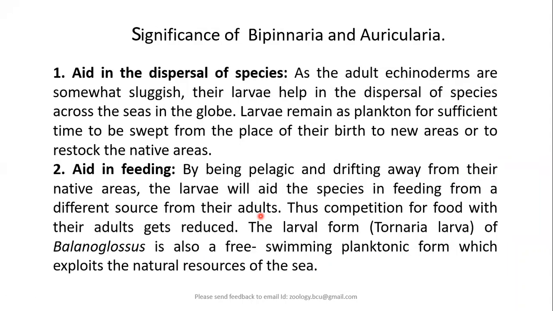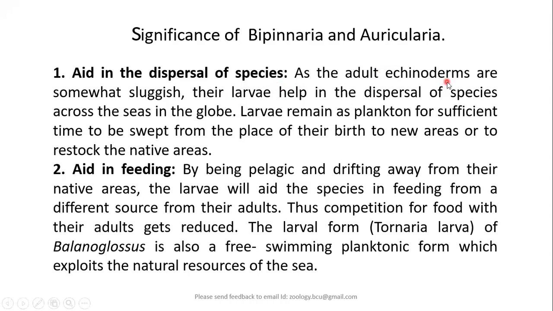Coming to the significance of bipinnaria larva and Auricularia larva, the first and foremost significance is that development of larval stages aids the animal in the dispersal of species. What does it mean?